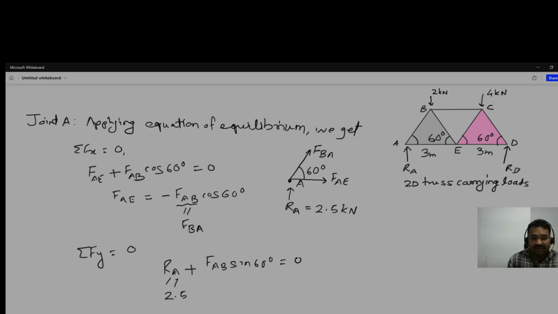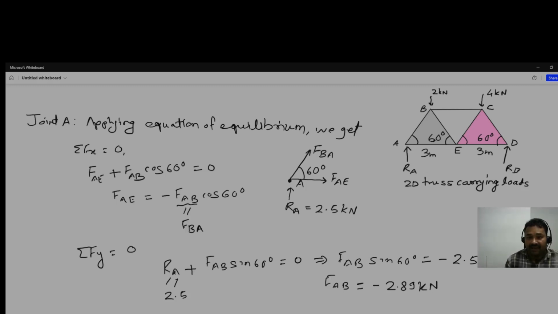So from here FAB sine 60 degree is equal to minus 2.5. Then FAB will be, after solving this, minus 2.89 kilonewton.